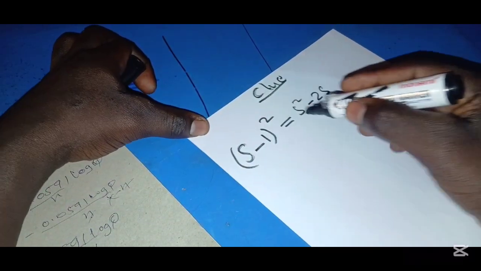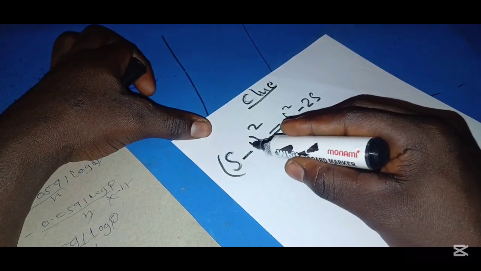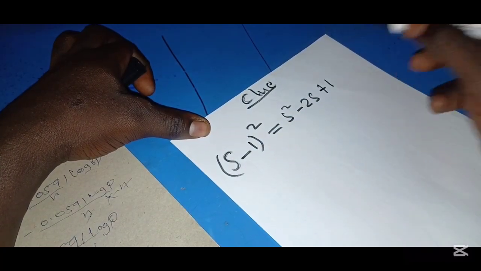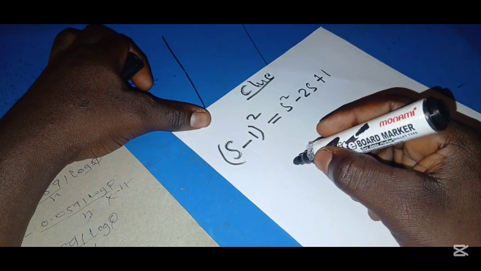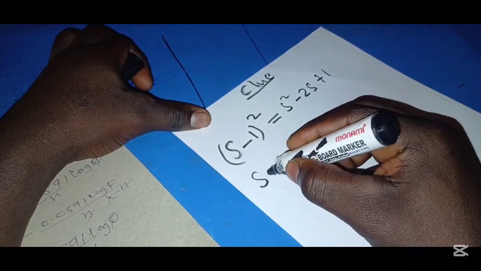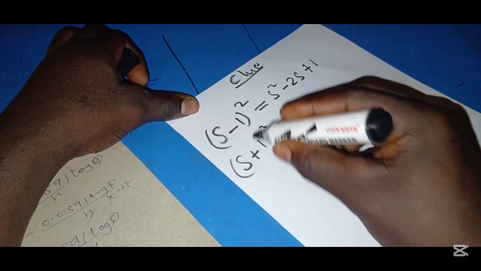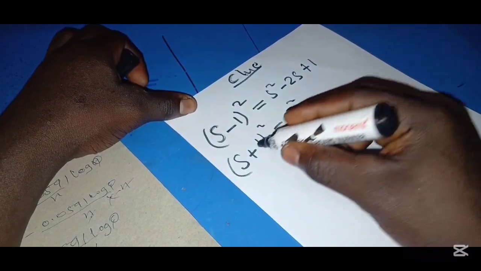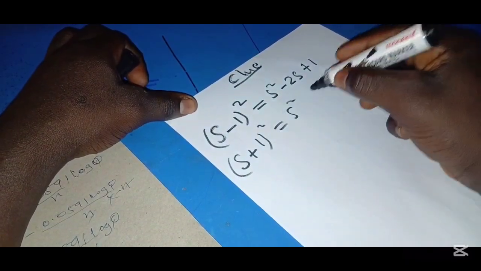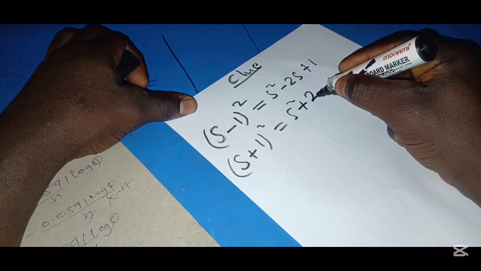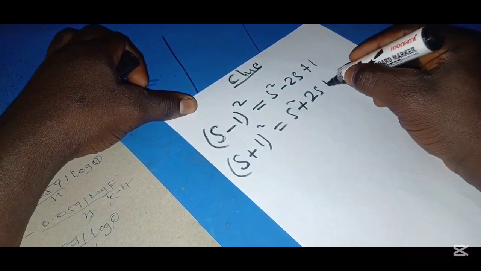I'm just expanding this bracket. Then lastly, I square 1 here, which gives me 1, right? I'll tell you the clue. If I have s plus 1 squared, what will I get? s squared, then 2 by s by 1, giving me positive 2s. Squaring this gives me positive 1.